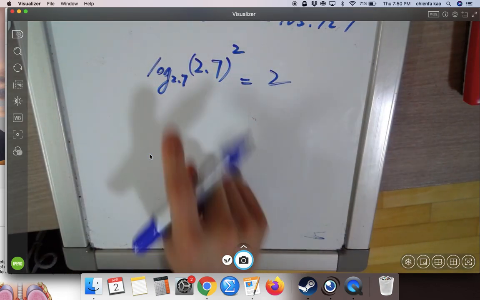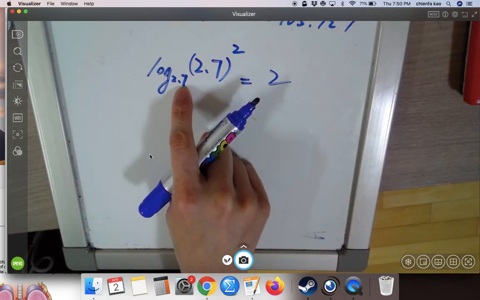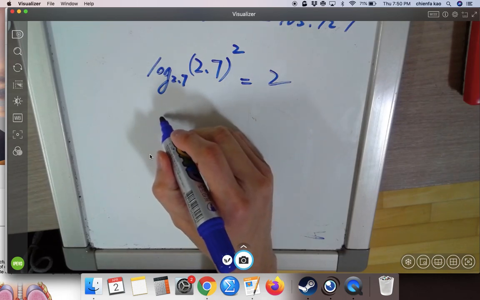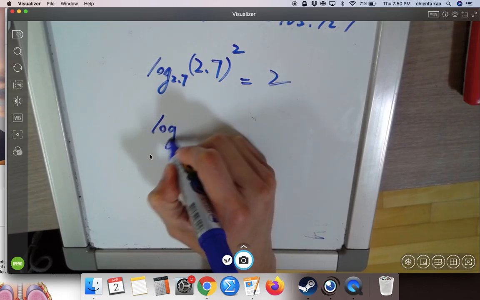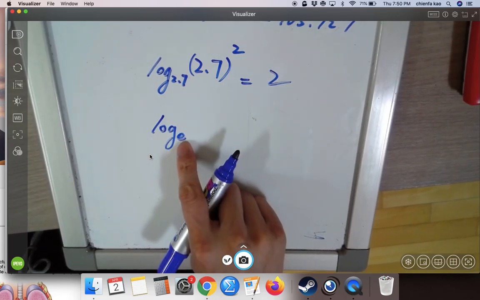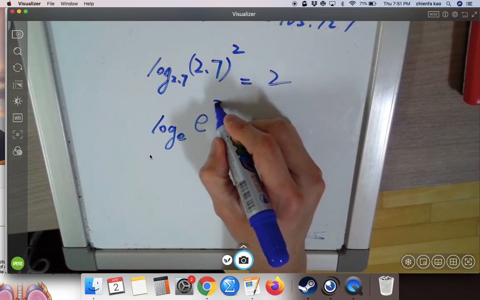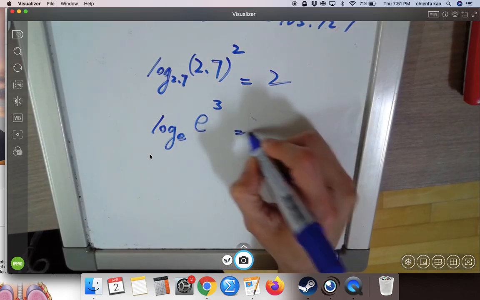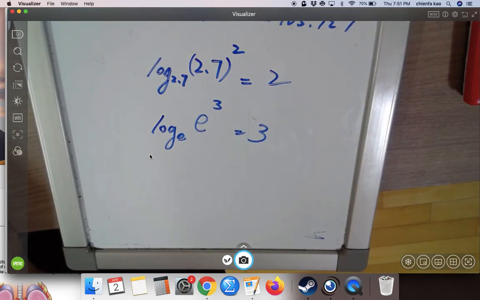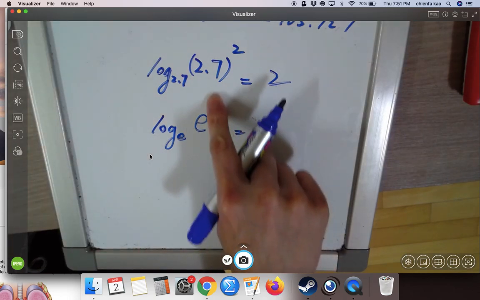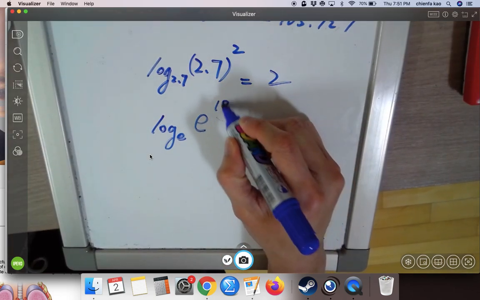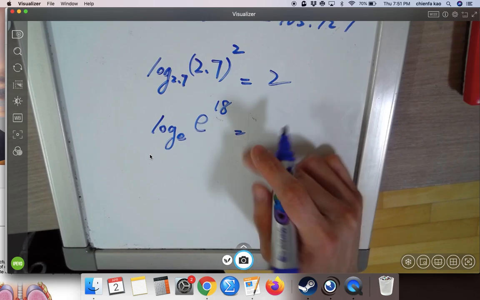But e is just a number, 2.7. So if you write log base e of e to the third power, what answer would you get? You would get 3.